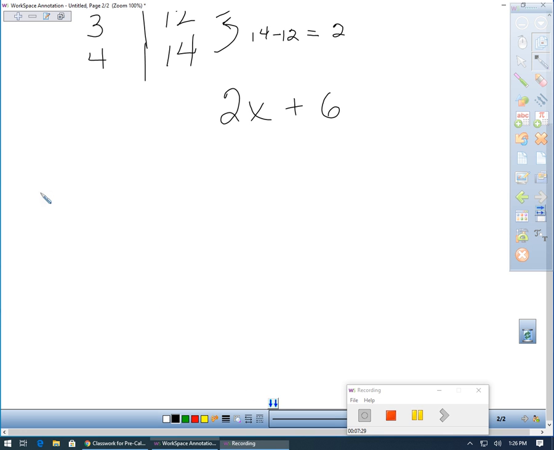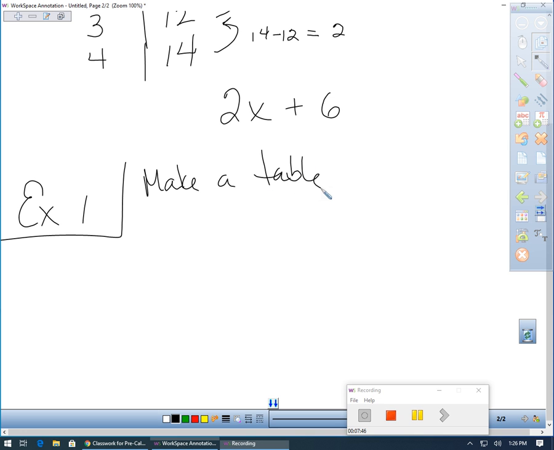So here's my official example number 1. We're going to go through everything your directions are going to ask you to do today. Okay? And it's going to say, make a table. Write an expression.